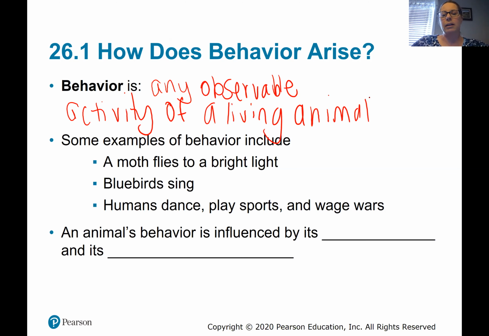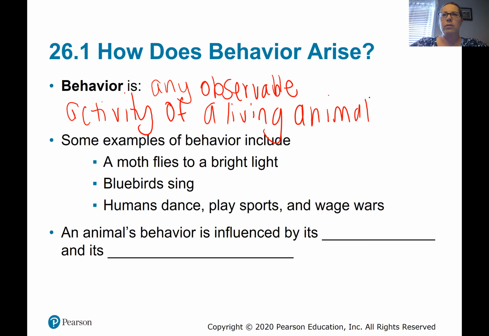So it's an observable activity, something you can see and watch play out. We all know examples of behavior, like moths flying to bright lights, or people dancing, or playing sports, or anything like that.